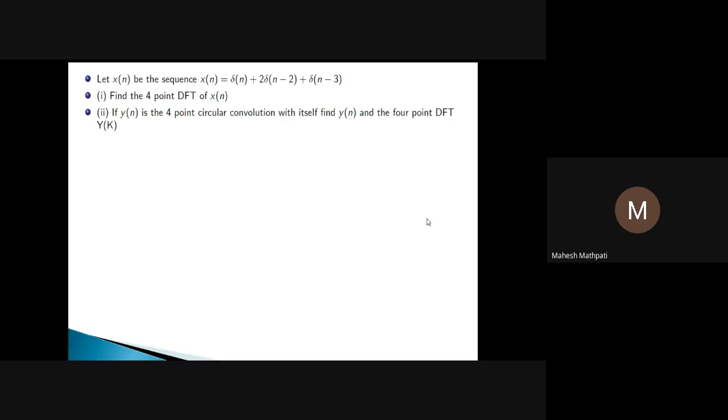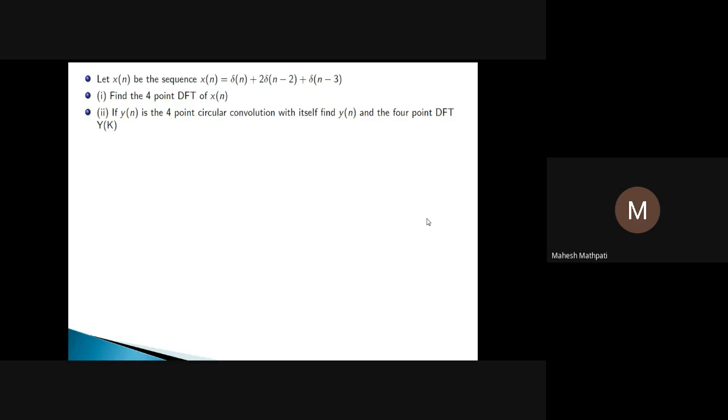Then x of 3 is delta of 3 plus 2 delta of 1 plus delta of 0. The answer is 1. So our sequence x of n is 1, 0, 2, 1.